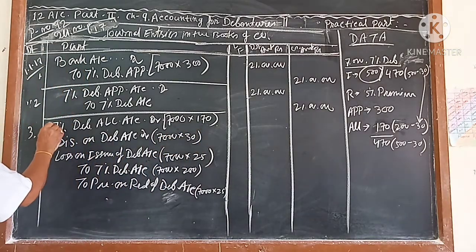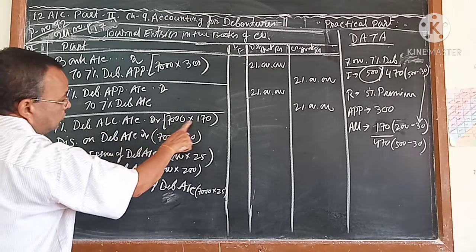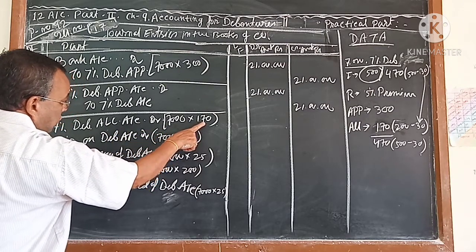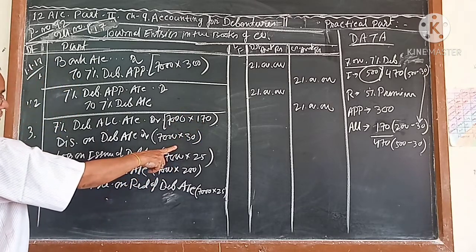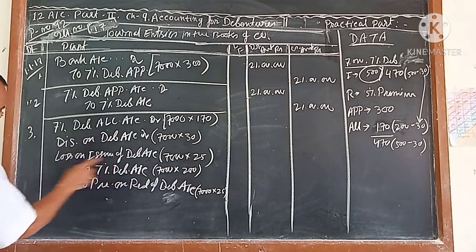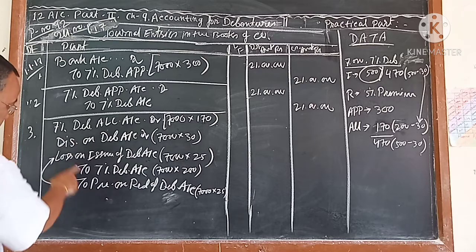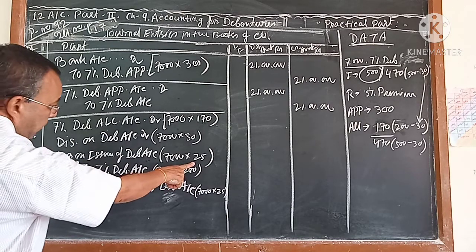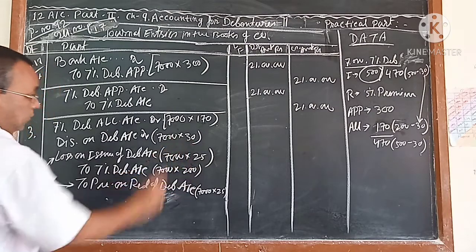I think you understood. 7% debenture allotment account debit is not 7,000 into 200, because you are going to call 170 and you are going to give 30 rupees discount. So 170 plus 30 is equal to 200. And this loss comes due to this premium. 25 rupees, 5% of 500, 25 rupees.